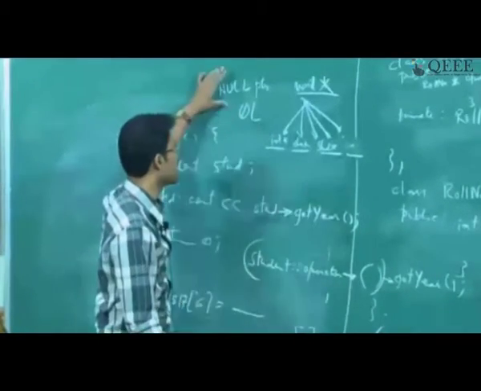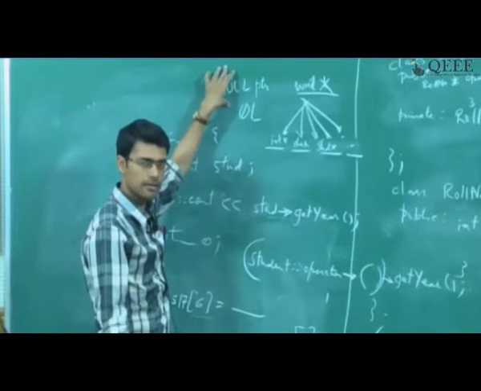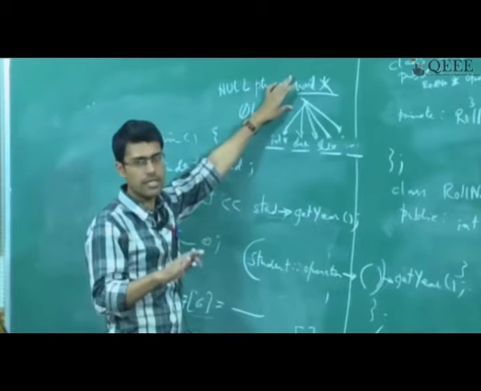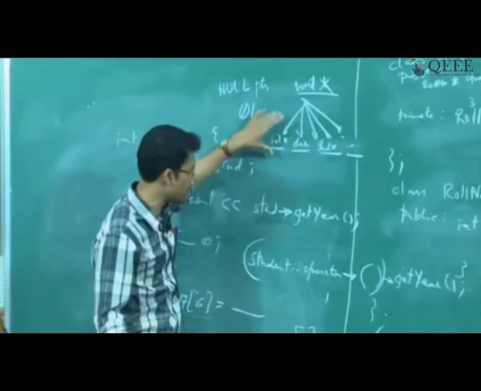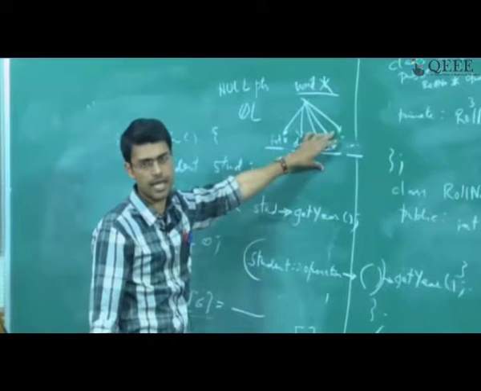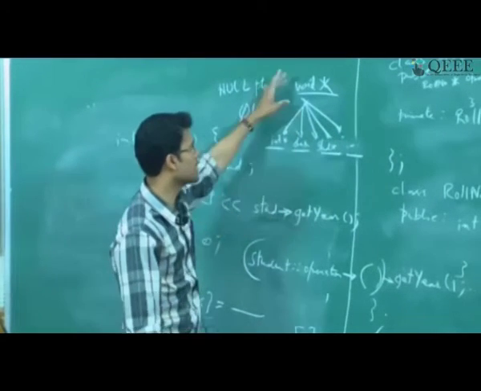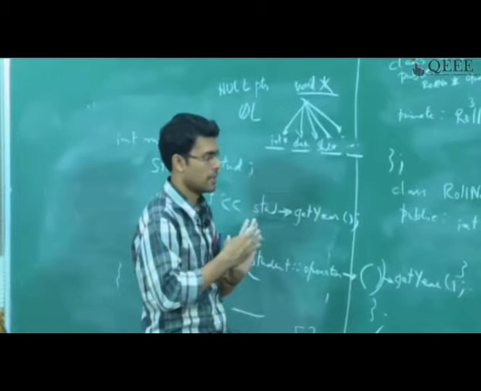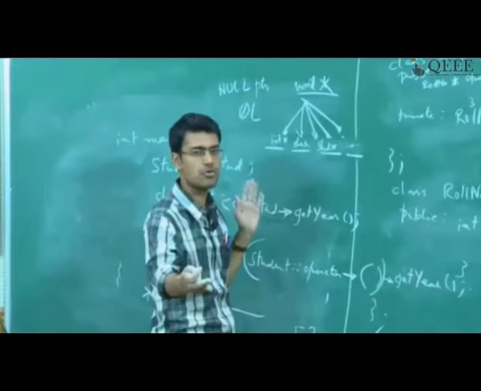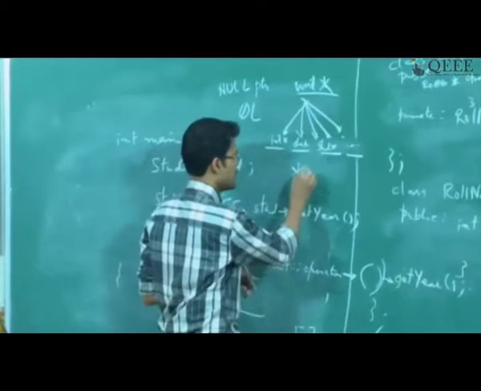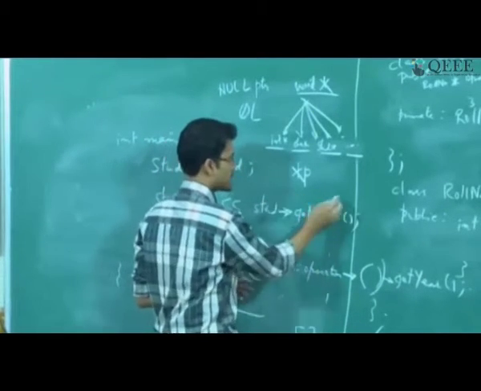Dereferencing a null pointer will result in a memory error. Dereferencing a void star is disallowed in general. You need to typecast it to one of these types and only then dereference. And why is that? Because there is no information with respect to how many bytes to access when I am accessing a void star pointer. When I say star p, I need to know how many bytes I am accessing.